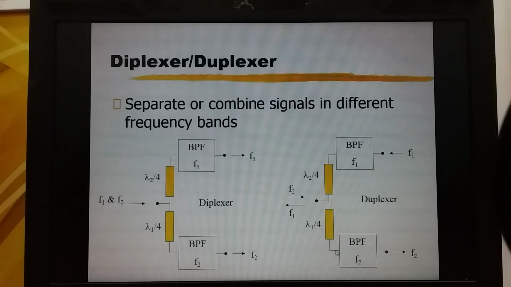A short circuit is transformed to an open circuit or infinity ohm by the quarter wave transformer. So therefore, a signal from the transmitter will be transmitted to the output, and none of it is transmitted to this second channel. That prevents the transmitter signal from going to the input of the receiver, but all the transmitting signal will go to the antenna.